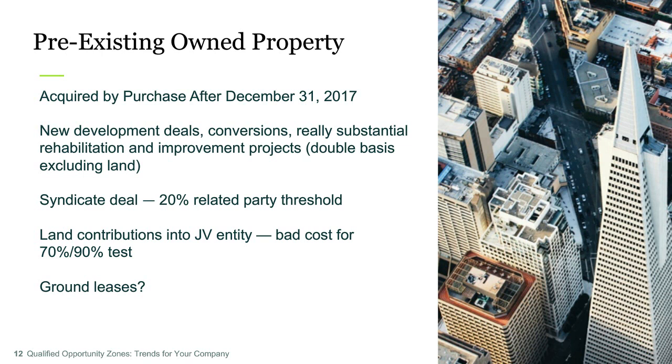But this is a very viable structure. If you had a sponsor who owns some land and was hoping to build a multifamily project on it, for example, they could theoretically sell the land to the Opportunity Fund, reinvest their proceeds from the land sale into the Opportunity Fund, retain an ownership of 20% or less, and still qualify. And we have seen some transactions like that.